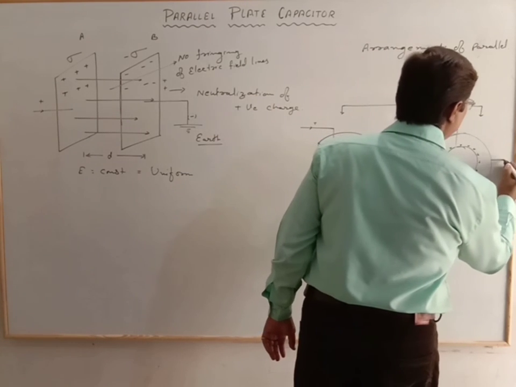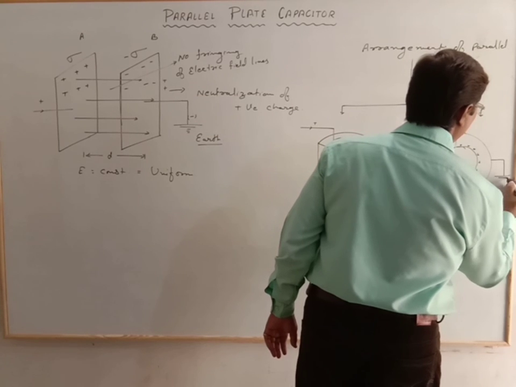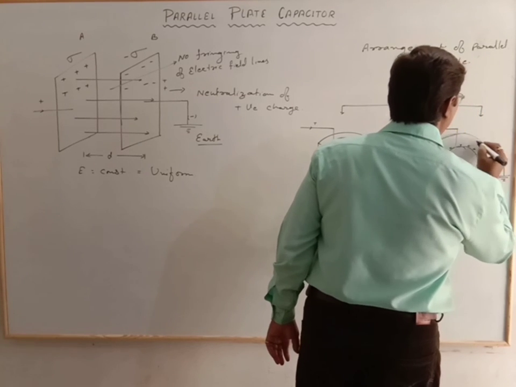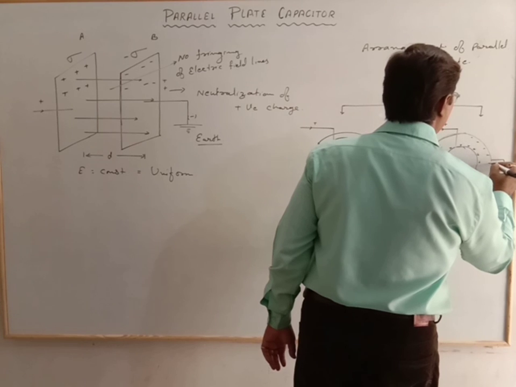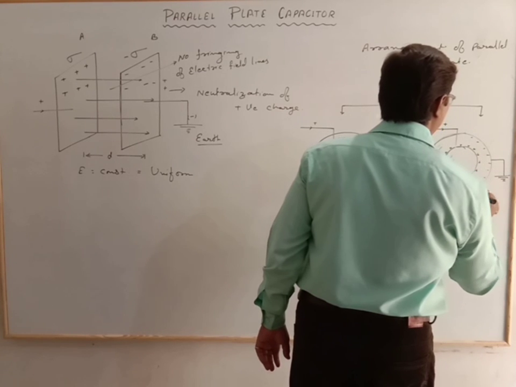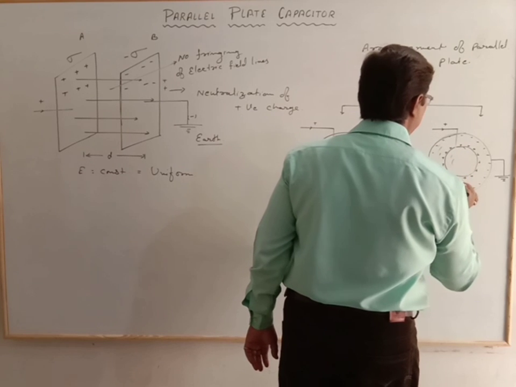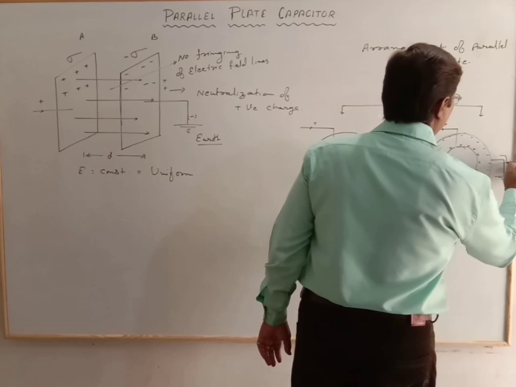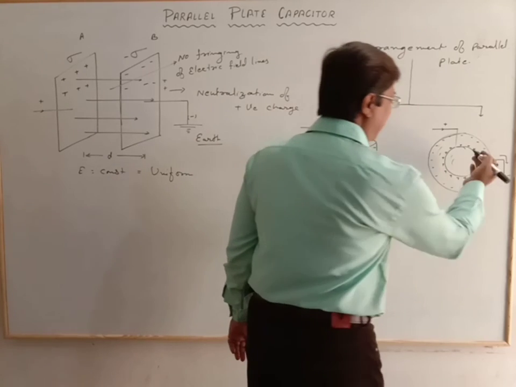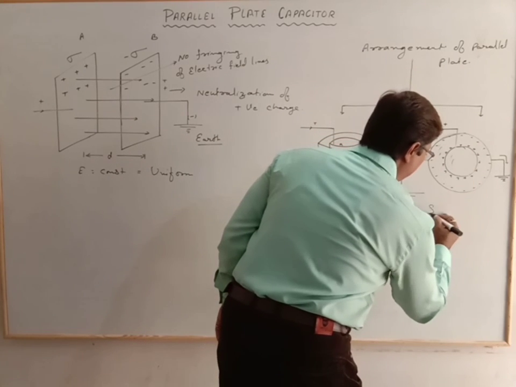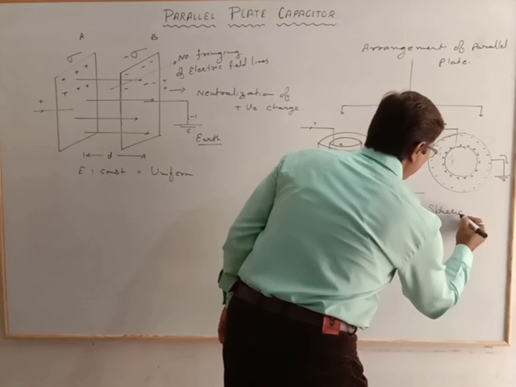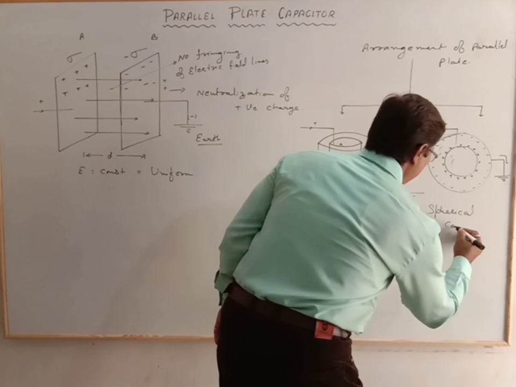And another one is the earth, where the negative will be shown like this. So that becomes the spherical capacitor.